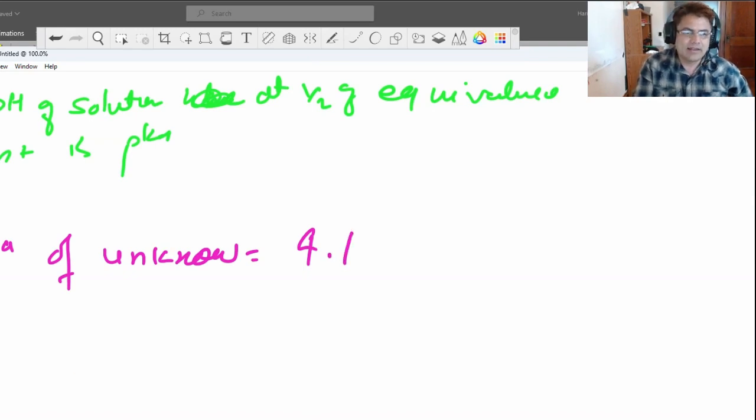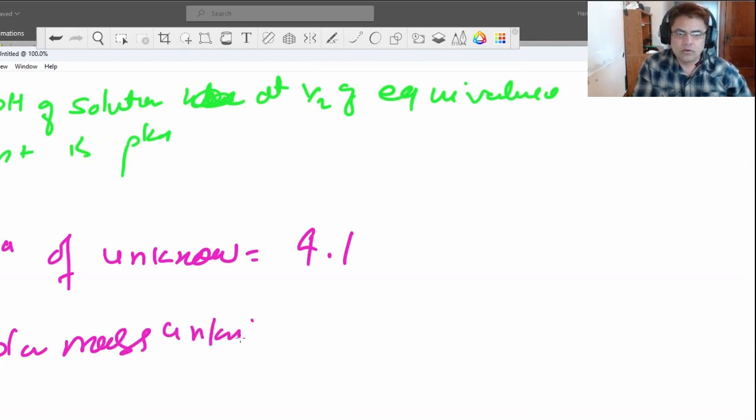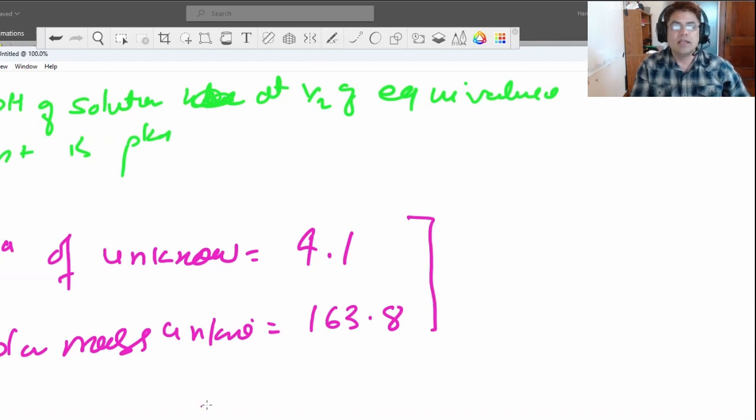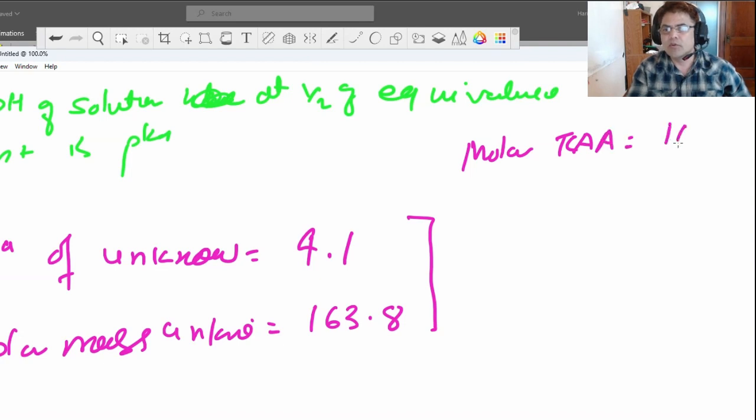Okay, and molar mass we also find from the previous titration. Molar mass of unknown is equal to, how much was that? 163.8. These two we got. But from the chart, molar mass of trichloroacetic acid is 163.5, and a pKa of TCAA is 0.71.